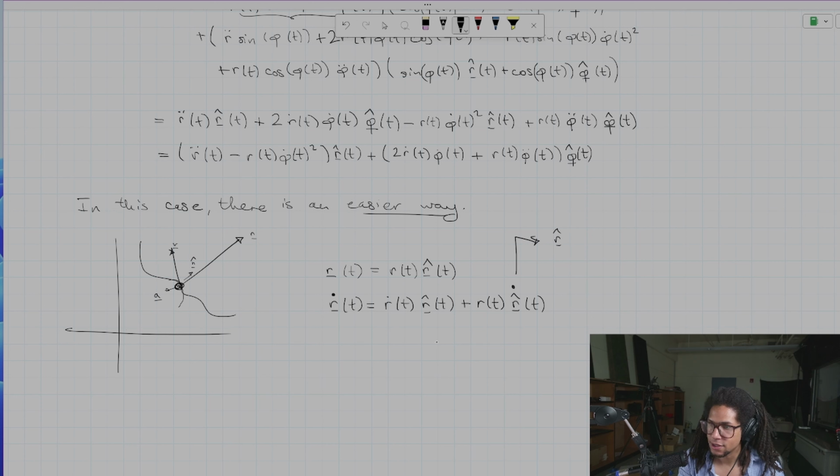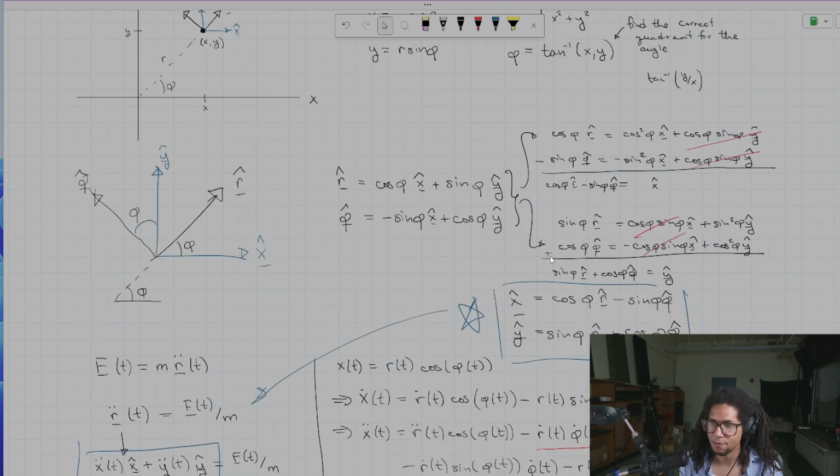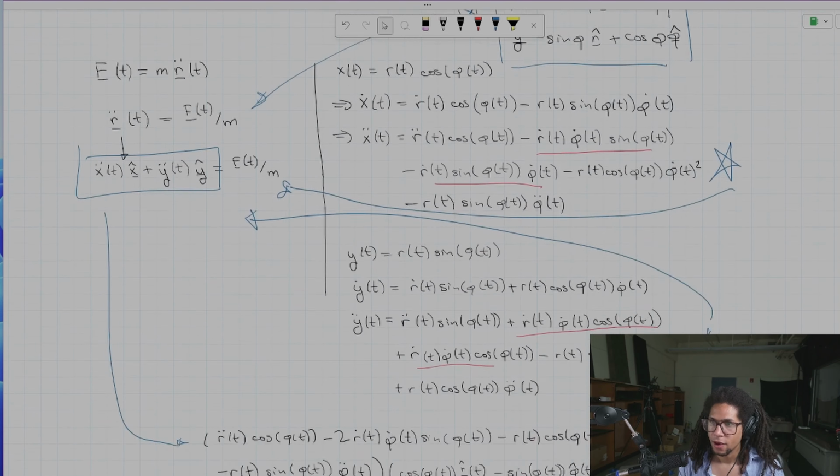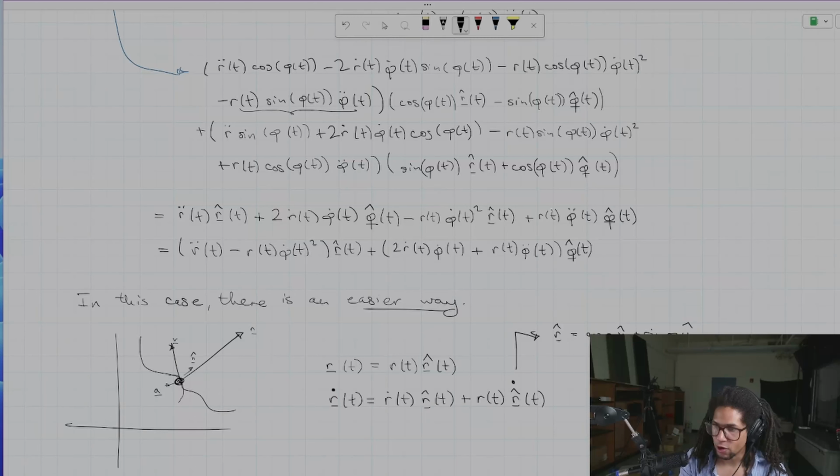r hat is equal to cos phi x hat plus sine phi y hat, right? Now, if I take a time derivative, if all of these things depend on time, I won't write the time explicitly on this line. Now I'll get that r hat dot of t is equal to, well, I need to take a chain rule of this cosine.